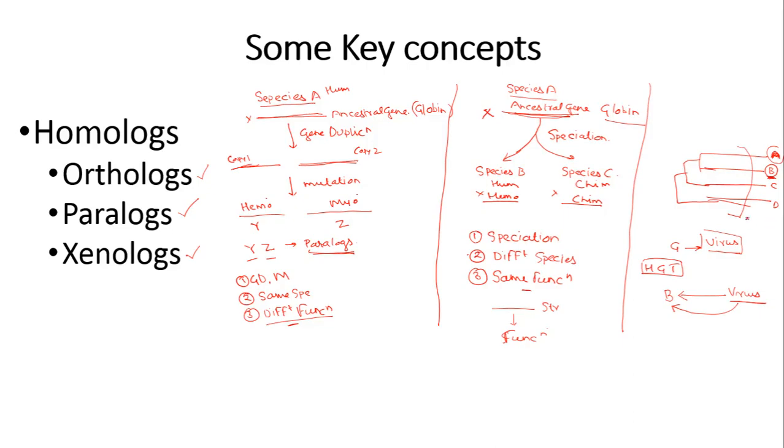So such genes, which are suddenly found in species B and are similar to certain genes from some virus, these two proteins from the virus and the species are called xenologs of each other.